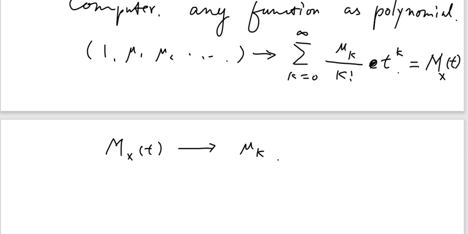So how can we get these moments from the moment generating function? We take the k-th derivative, then when t equals 0, we get mu k. Okay.